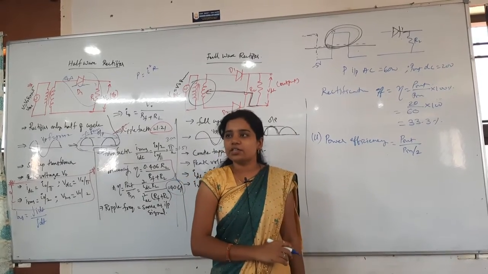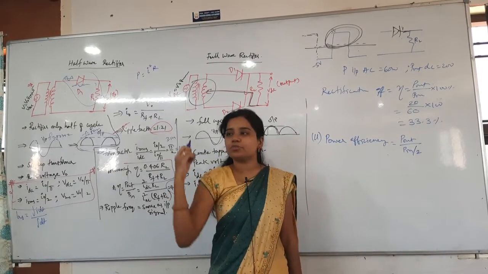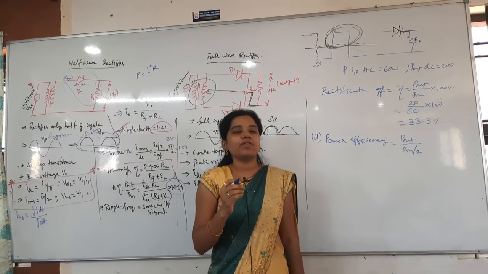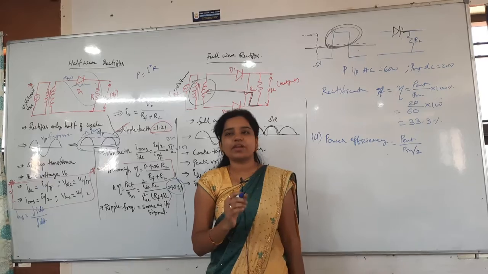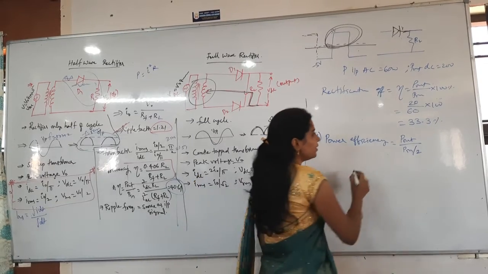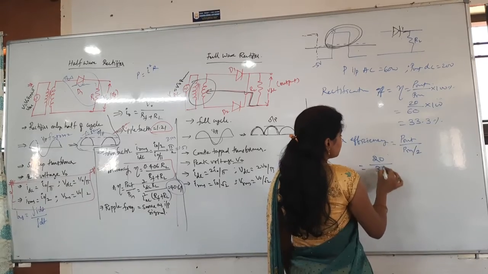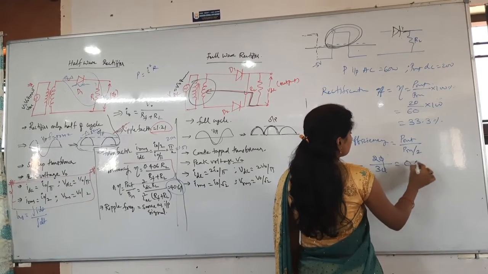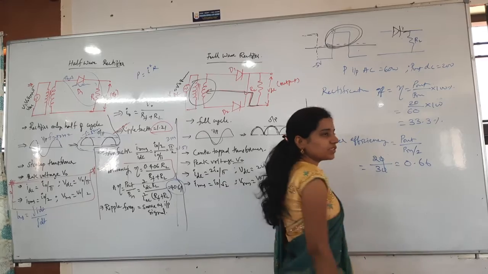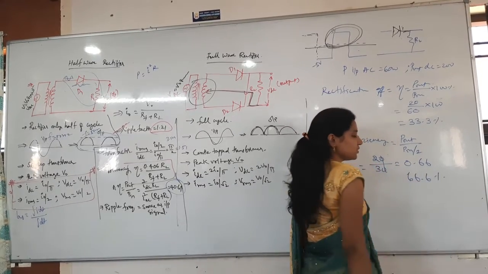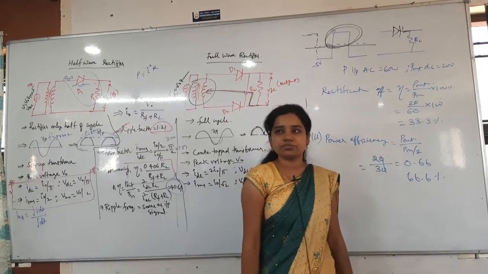It is not taking the total input signal, only half of it, because it is a half wave rectifier. So here the answer is 20 by 60 by 2, nothing but 20 by 30, 2 by 3, nothing but 0.66. So your answer is 66.6%. That is the efficiency you will get.